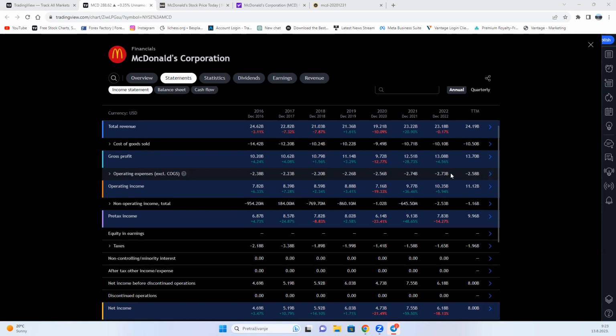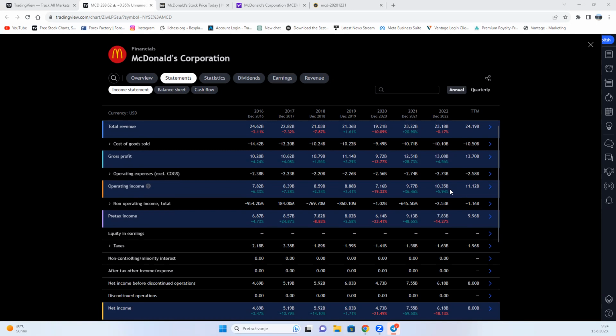And then you get the operating income. After I have subtracted cost of goods sold and operating expenses from total revenue, I get an operating income. Now remember this, a company that has operating income has paid its suppliers of food, in this example McDonald's, of beverages, and has paid their electricity bills, for example, and has paid for their employees.